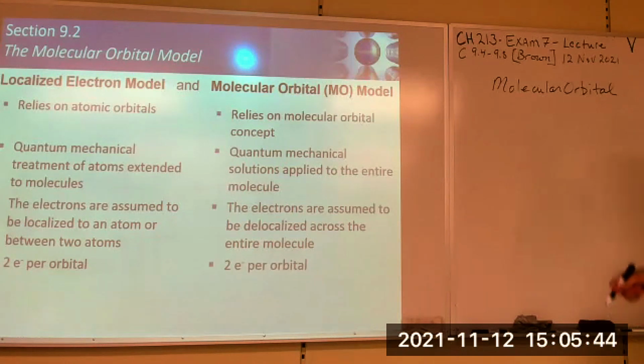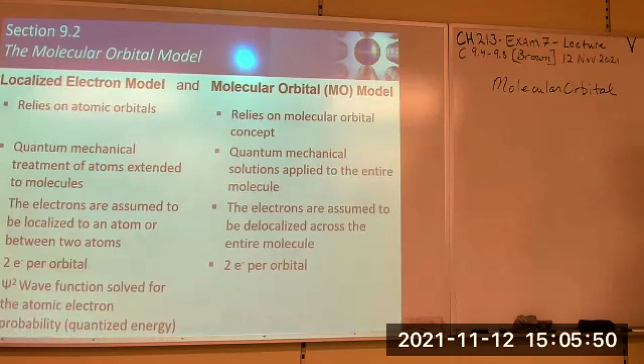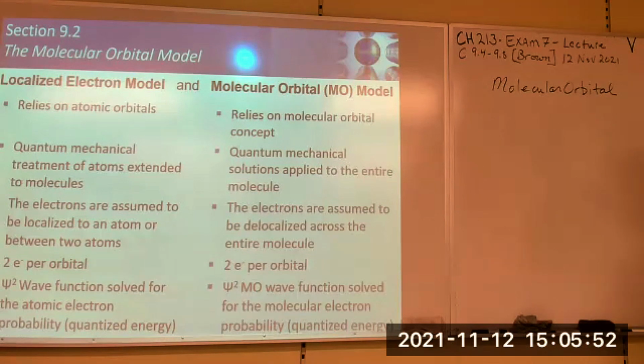We still have 2 electrons per orbital. That's consistent with the molecular orbital model. And we still have quantized energy for the wave function that solves for the probabilities of the electrons in these orbitals.